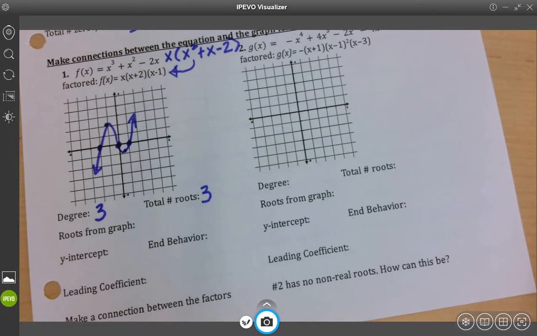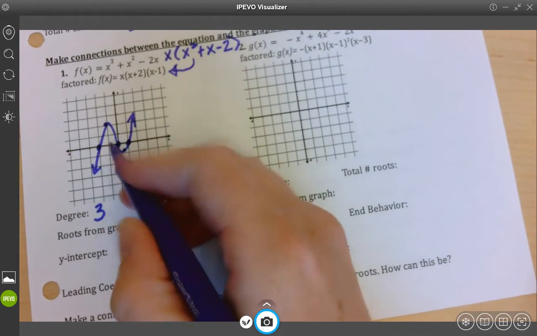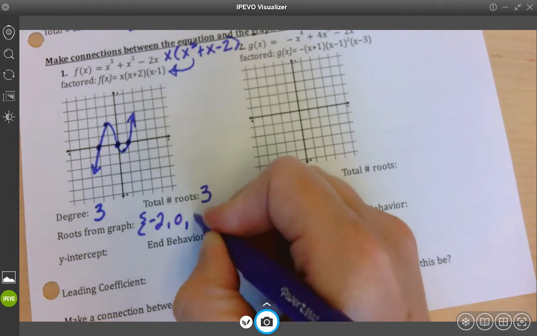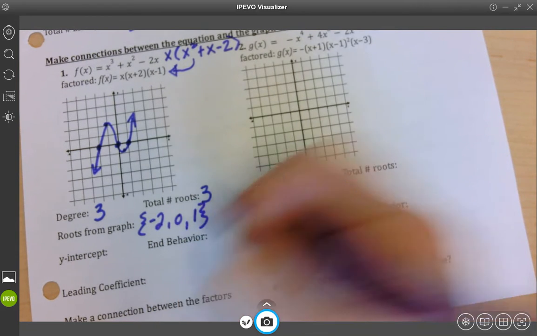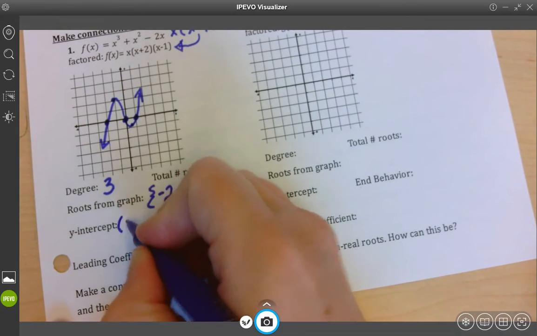All right, so I just drew that little sketch based on what we had there. So the roots from the graph, we said, I'm going to make a set here. -2, 0, and +1. And then, like Blaine reminded us, the y-intercept is 0.